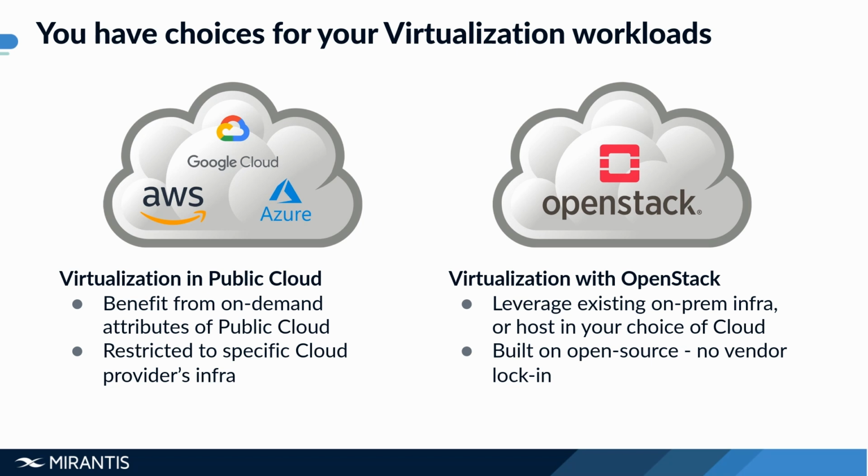But the downside of that is that once you have moved your virtualization workloads to a particular cloud provider, you've effectively moved from one locked-in environment to another. You're restricted to the infrastructure and the APIs provided by that particular cloud provider, and you lose the ability to easily move to other platforms. And this is something we've heard time and time again from our customers: that they're looking for choice.